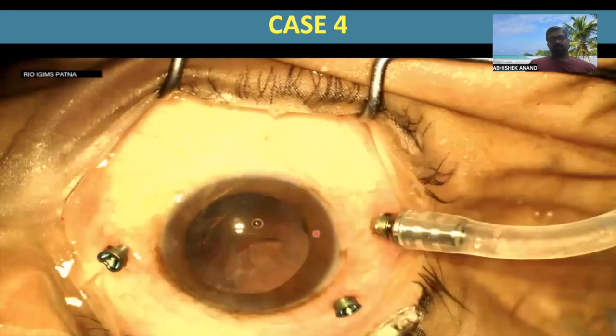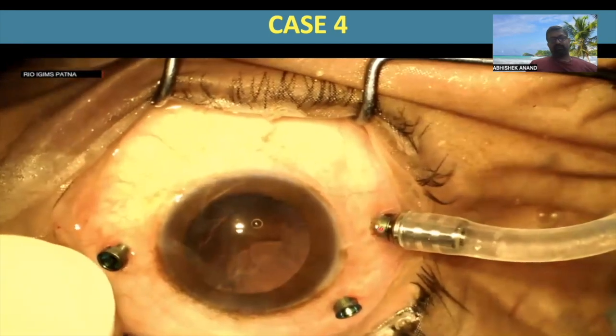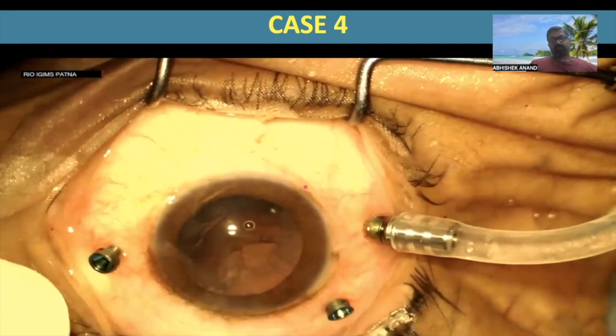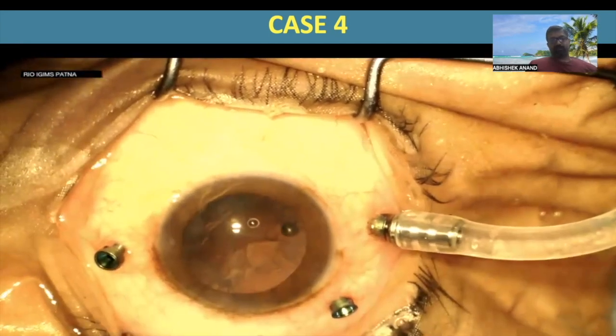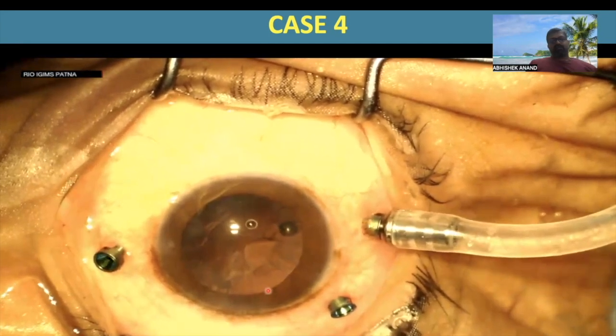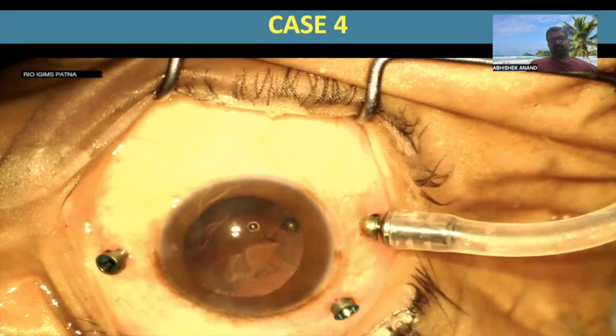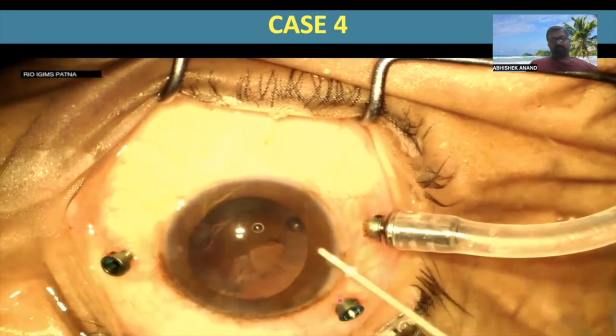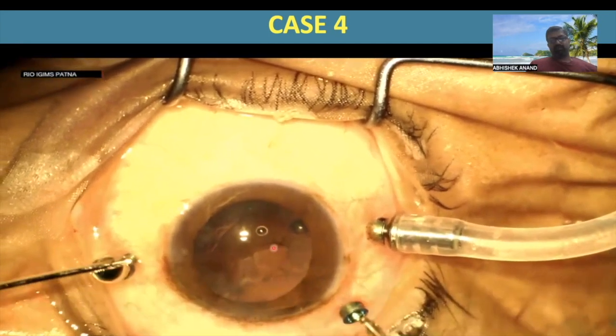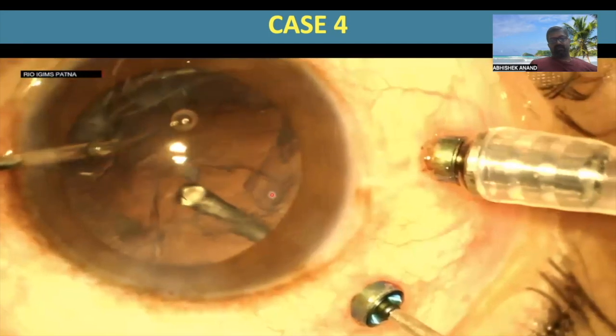So in this, what we see is that the infusion port has been done. And since we already had a plan for a 3-port pars plana vitrectomy, we continued with, first of all, introduction of the vitrectomy probe near the rent. So here is the rent.